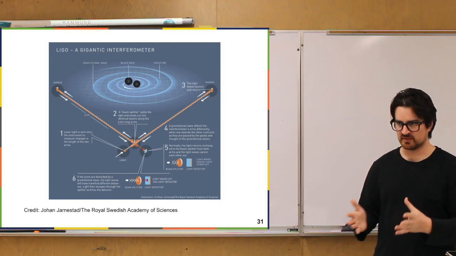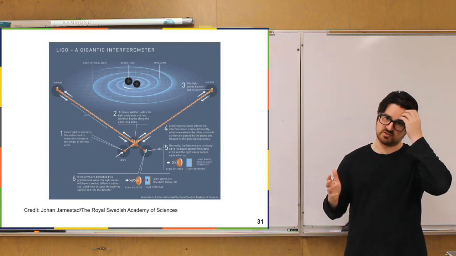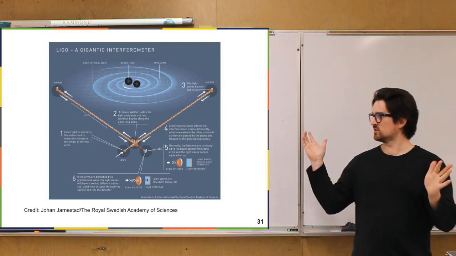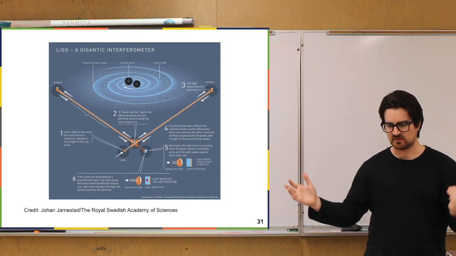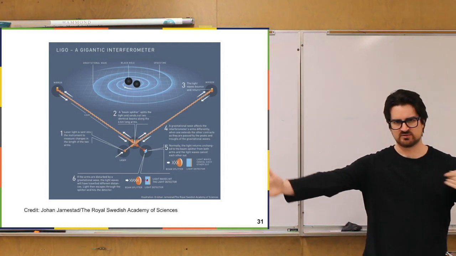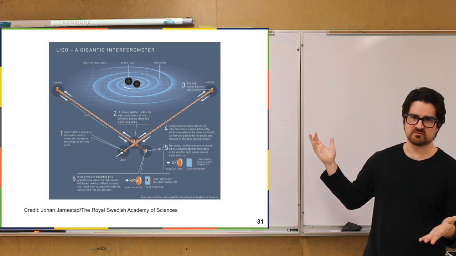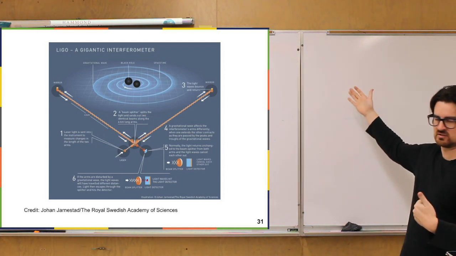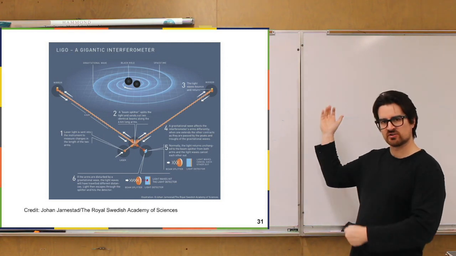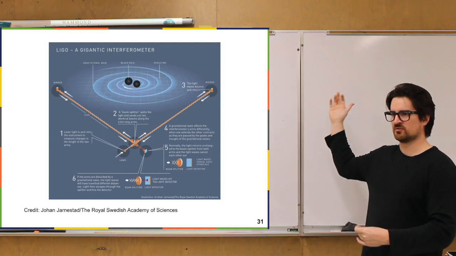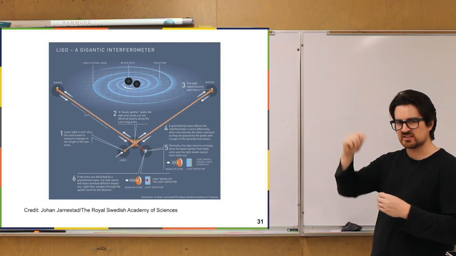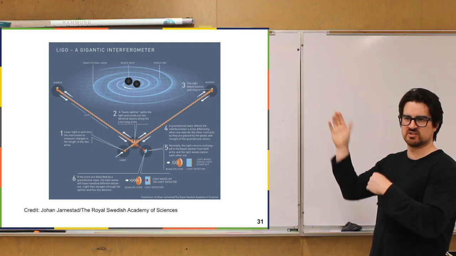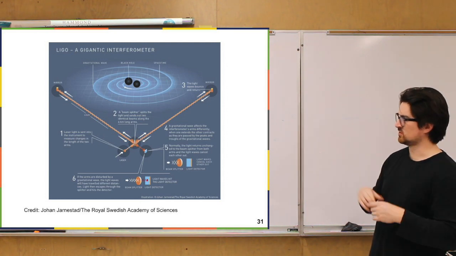It is enormous though. Usually the interferometers we're thinking of in the diagrams are like a meter or 2 meters. LIGO is an interferometer where the arms are kilometers, miles long. Basically, the longer the arm of the interferometer, the more sensitive your measurement can be of the change in distances between those two arm lengths.